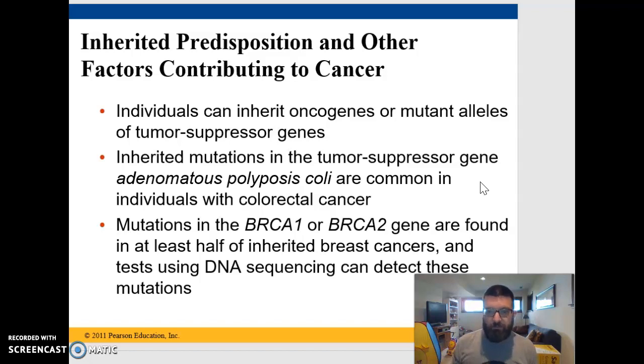And if you have BRCA1 or BRCA2, you are far, far more likely to get breast cancer. And so knowing this can allow you to take precautions to get mammograms more often. Some people will do preemptive mastectomies, whatever you and your doctor decide, but knowing sometimes can help you get treatment early, which often can be the difference between life and death.